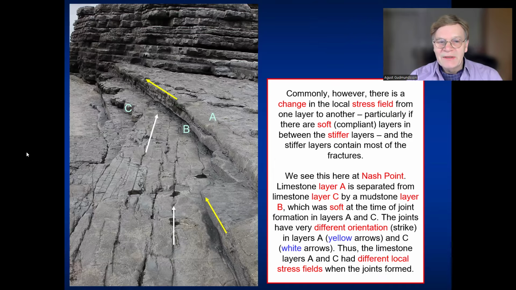So the stress field in layer C could not really communicate with the stress field in layer A. And therefore, they had developed very different local stresses. In addition, they are close to a fault here to the right, not seen on this photo, that may have affected the local stress field here, but definitely the local stress field at the time of these joint formation in layer A and C was totally different.